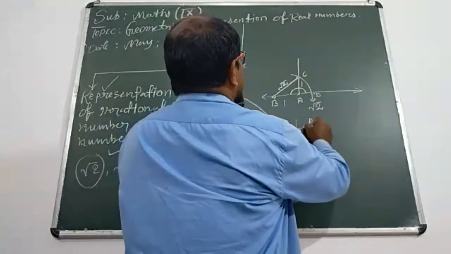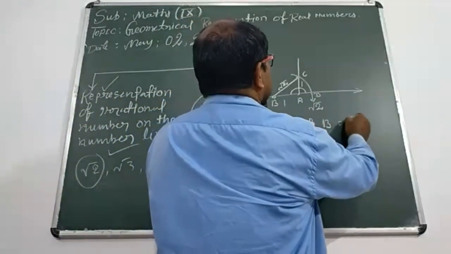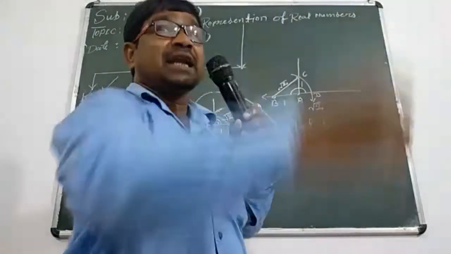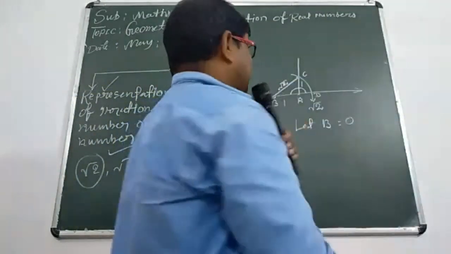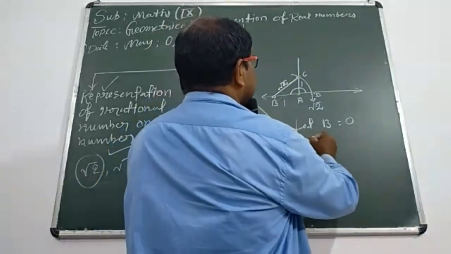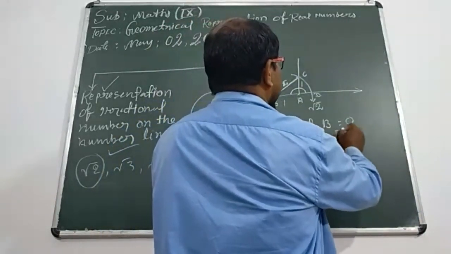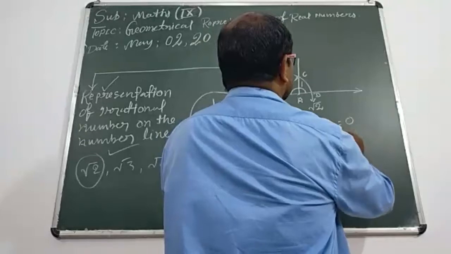Let B equal to 0 on the number line, so that D equal to under root 2.